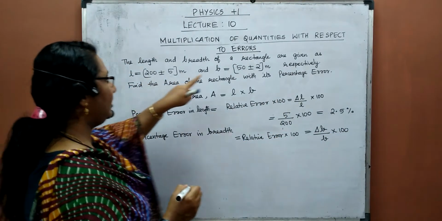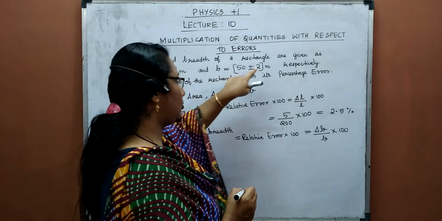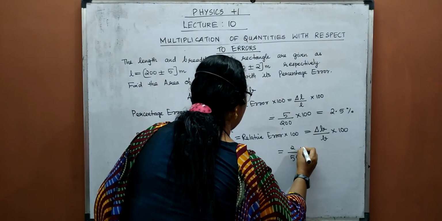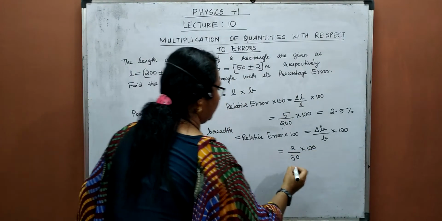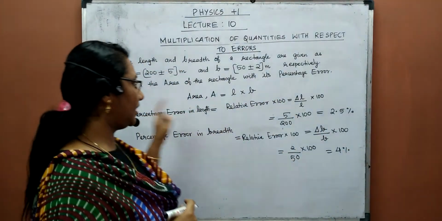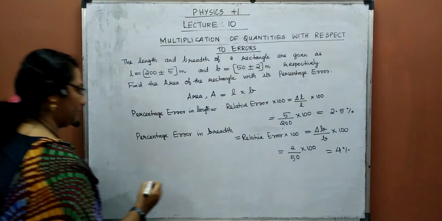That means when the breadth is measured as 50, there is an error of 2. So for 50, 2 is the error, into 100, which is equal to 4 percentage. So the percentage error of length is 2.5 and the percentage error of breadth is 4 percentage.